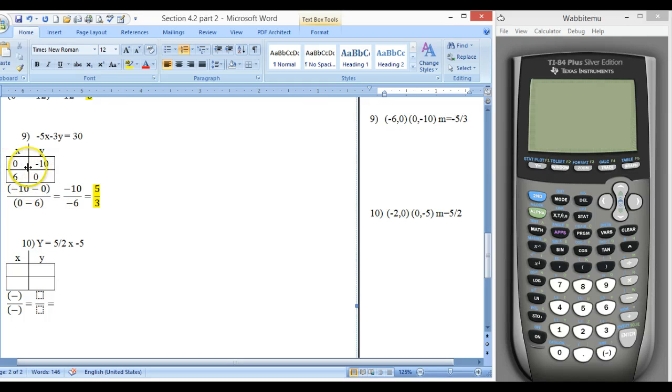I'm going to double check because I think I must have written it down incorrectly. So we have, oh, negative 6 is what I have. So let's double check here. A little troubleshooting. So if I put a 0 in for y, yep, positive 30 divided by negative 5 is negative 6.